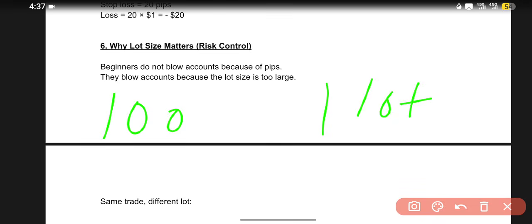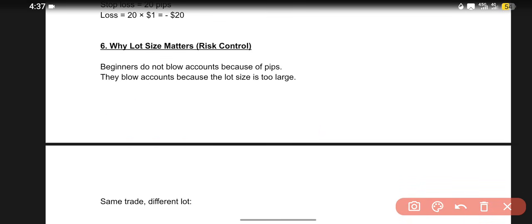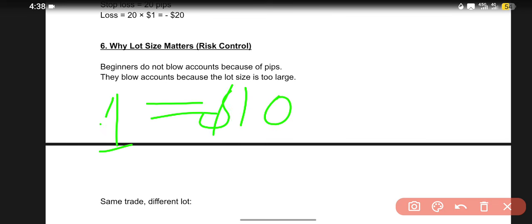Now, if you have your $100 in your account and then you place a trade of one lot size, basically you are telling yourself that the money in your account, you don't want it, because per one lot size, you know very well, or maybe you are doing it out of ignorance, that every 1 point increment of a price or of a currency is equal to $10 loss or profit.